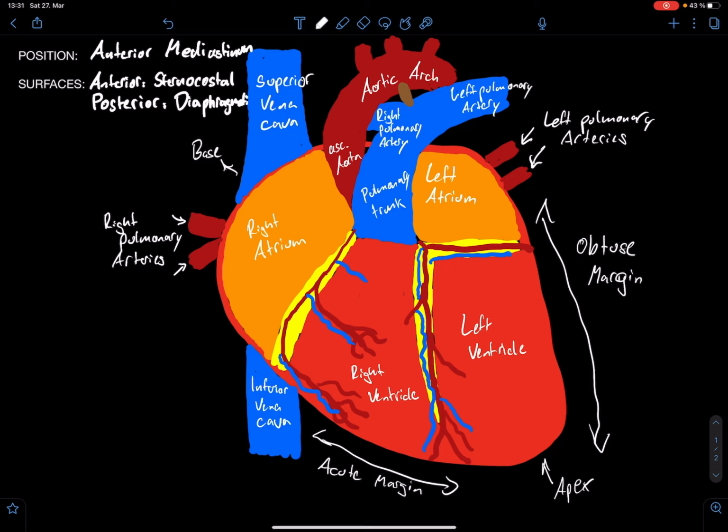And now we have three other arteries that arise from it. Let me just tell you what they are. First, completely on the right here, we have the brachiocephalic artery.